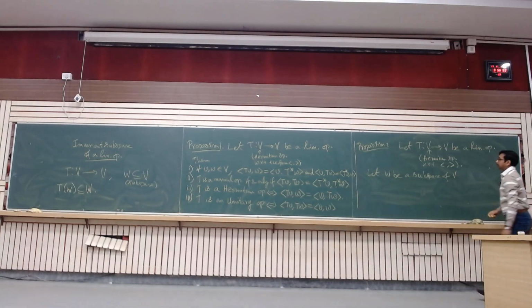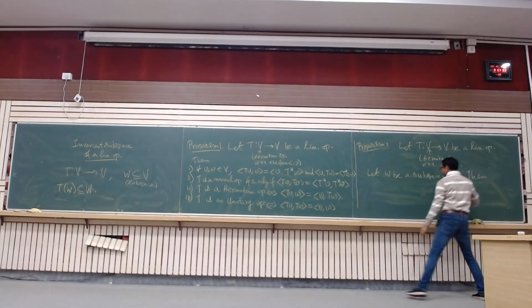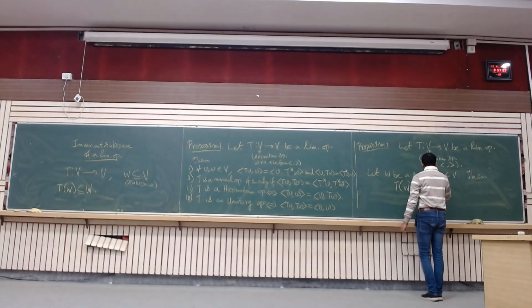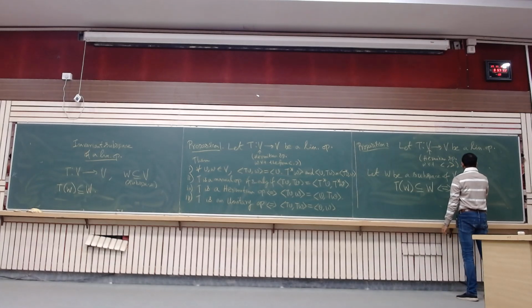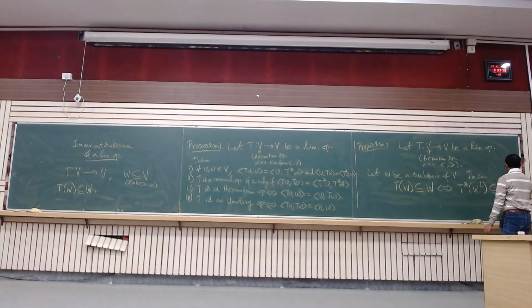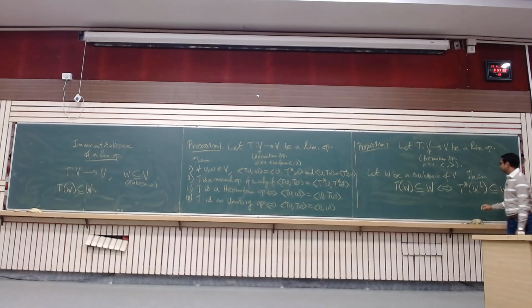W is a subspace of V. Then TW is a subspace of W if and only if T star W perp is a subspace of W perp. That is, W is invariant under T if and only if W perp is invariant under T star.